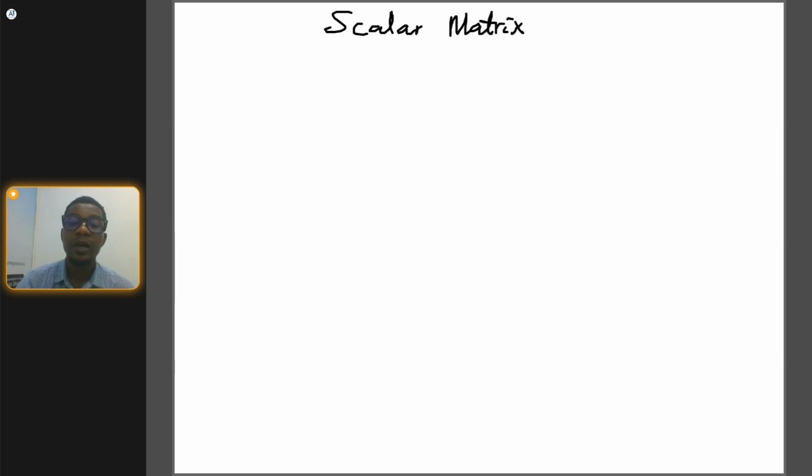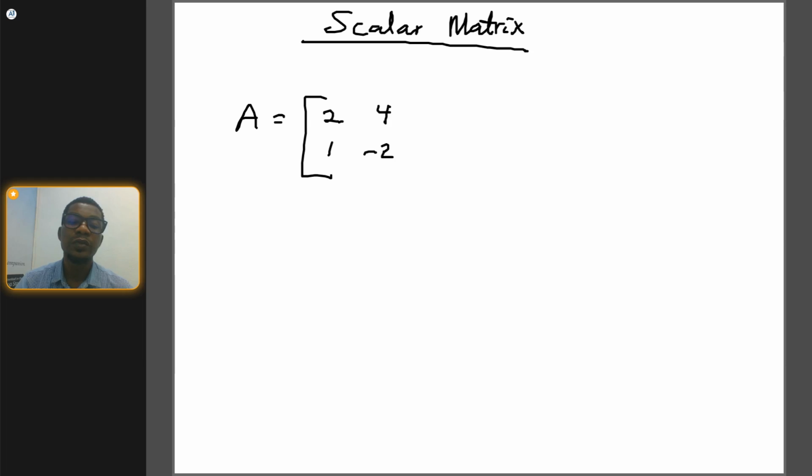A scalar matrix. Given that A is a matrix and it is 2, 4, 1, minus 2, and we are asked to find 3A.